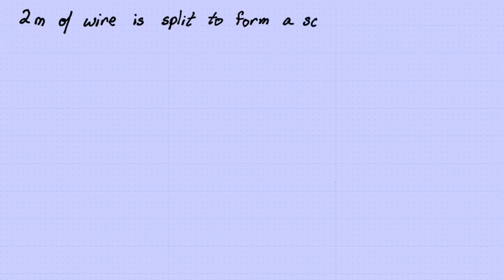So let's see. 2 meters of wire is split to form a square and a circle.